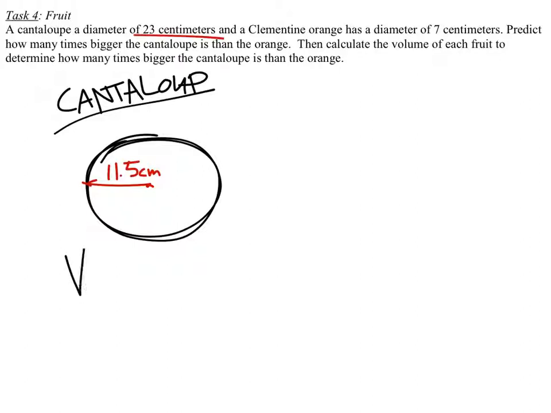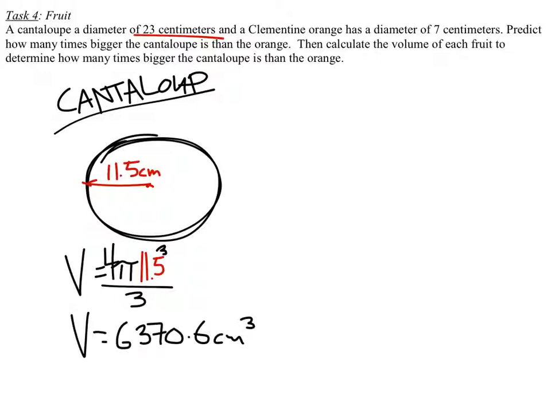So to find the volume of the cantaloupe, 4 pi times the radius cubed divided by 3, but we have a radius of 11.5. So plugging this into the calculator gives me a volume. Alright, so that is the volume of a cantaloupe.